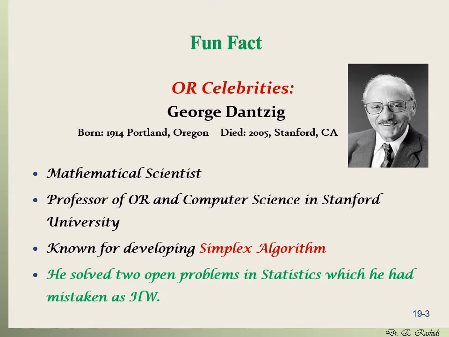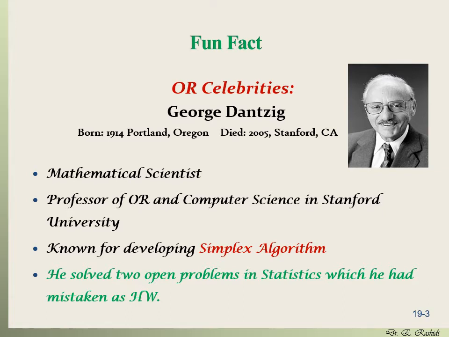Here's a fun fact. Let's learn about George B. Dantzig, the scientist who came up with the simplex algorithm that changed operations research and its applications. George B. Dantzig was an American mathematician. He was born in 1914 in Portland, Oregon, and he died in 2005. He lived in California, at Stanford.